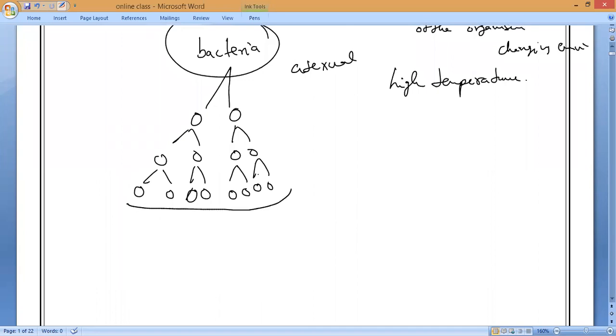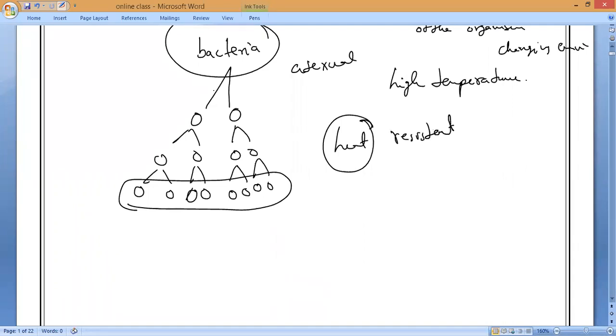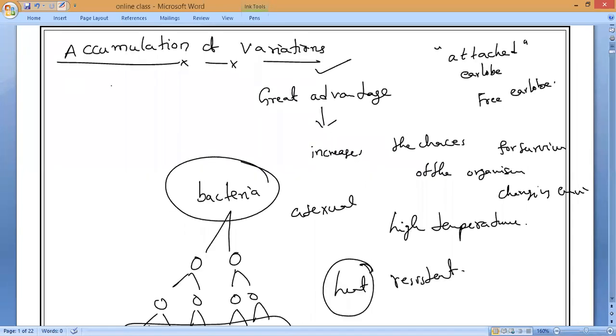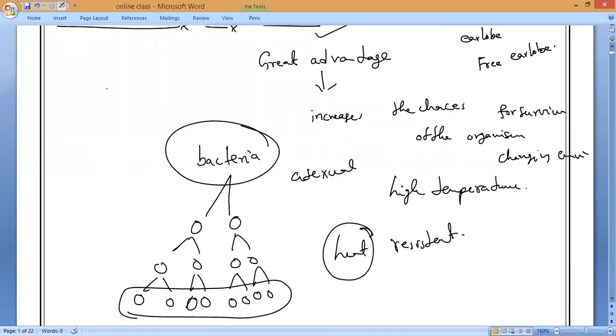That is what we call variation. A bacterium without this variation cannot withstand a change in temperature and will not survive, leading to death. The bacteria that we see today survive heat because of the accumulation of variations from one generation to the next.